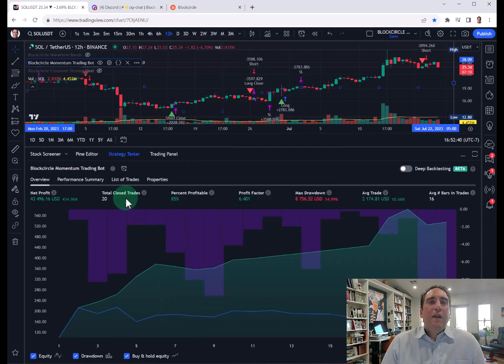So let's look at the performance of this particular trading strategy. I think this strategy is tremendously attractive for multiple reasons. One, your net profit over the course of 6 months is 400%. And this is using 1x leverage, and we'll go through that. It's only executing 20 trades, so that's perfect.